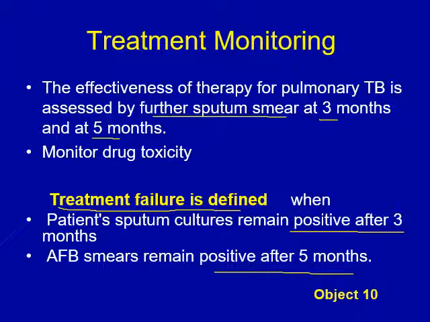If the patient receives proper anti-TB and after 3 months the culture is still positive, or after 5 months the AFB smear is also positive, this means the patient has treatment failure.